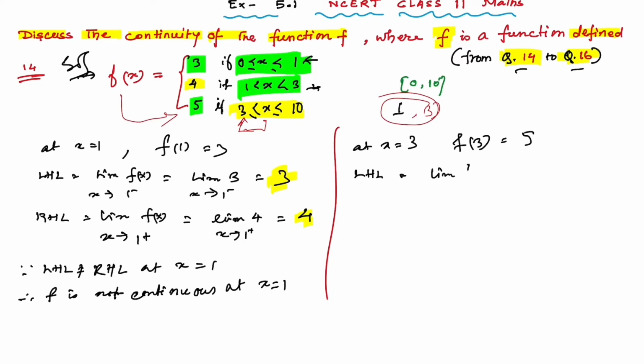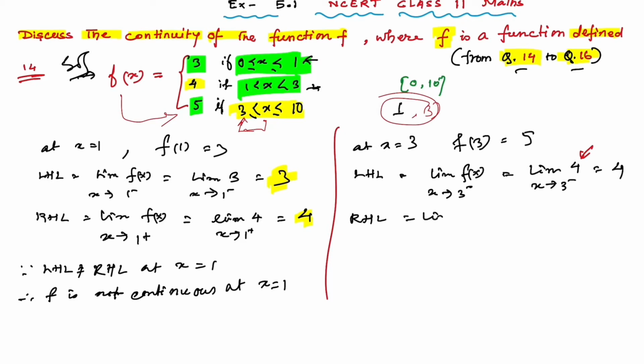Now let us find the left hand limit, f of x as x tends to 3 negative. For x less than 3, its value is 4, so f of x is 4. It is going to be equal to 4.